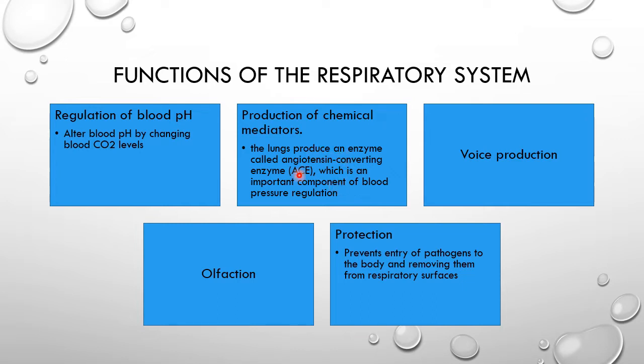Okay, this angiotensin converting enzyme, you also call that ACE. The presence of this enzyme actually makes your blood pressure high, no? So, if the ACE content is too high, this will contribute to a high blood pressure.